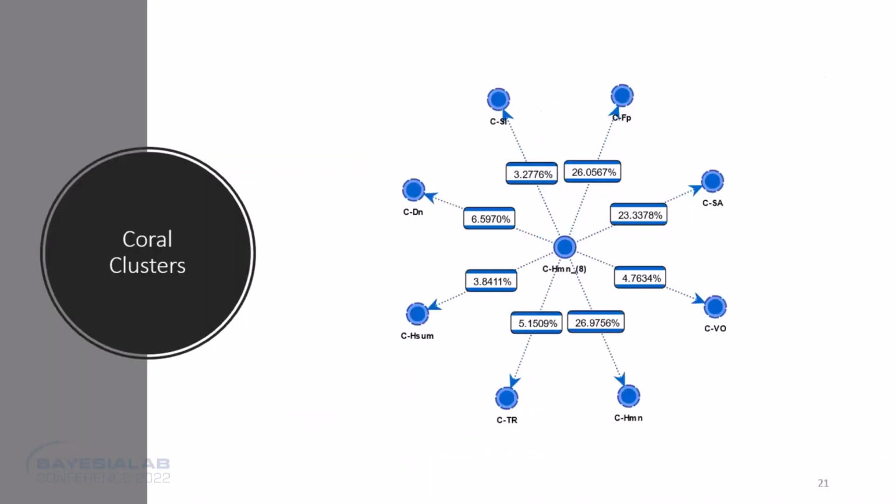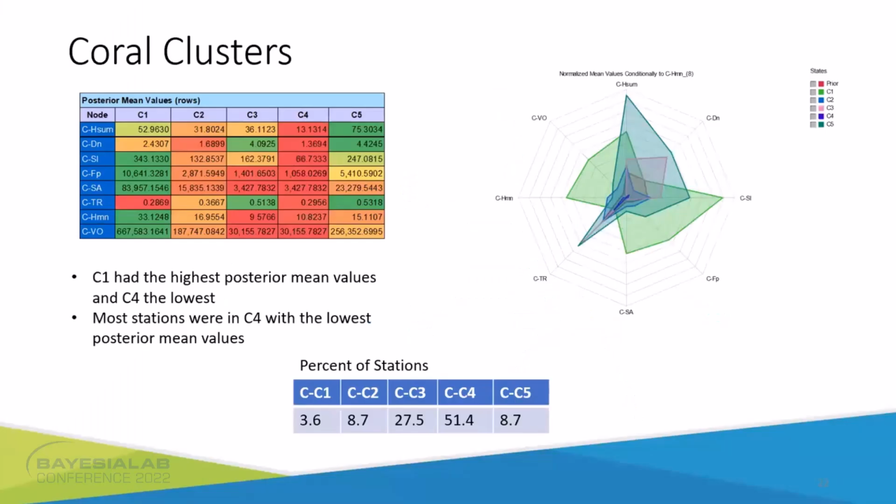And finally, we have our coral cluster network that was created, and the manifest node that had the highest influence was the mean height of the coral reefs. We also had different clusters here with high posterior mean values, cluster 1 and cluster 5.